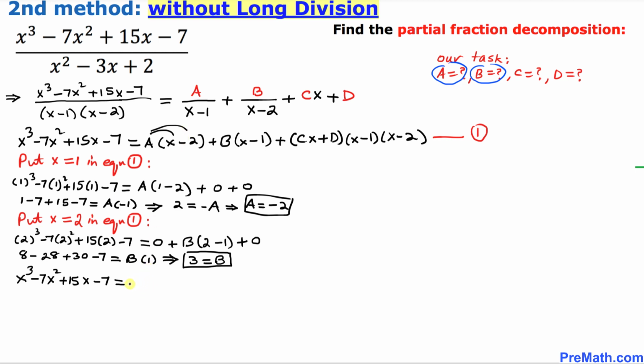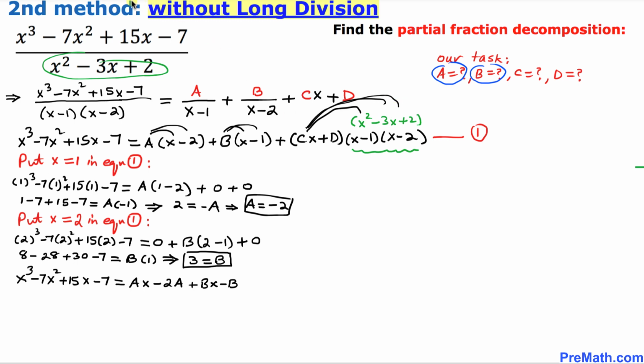A times this is going to become ax minus 2a, likewise plus bx minus b. And we know that this part is simply x power 2 minus 3x plus 2 from here, as you can see over here. And so now we are going to use a FOIL method. So I am going to multiply this one with each and every one over here.